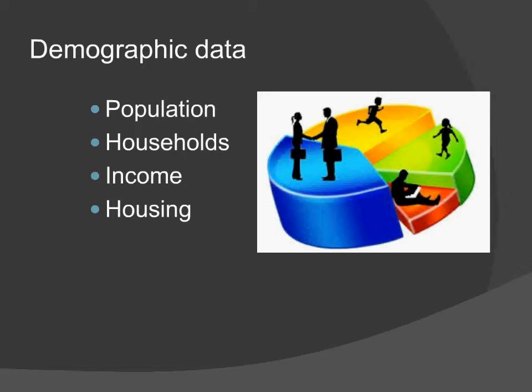Also, data about income, such as the household income, per capita income, age by income, disposable income, net worth, and things like that. Housing data that can be provided are things like home value, owner-occupied units, renter-occupied units, and vacant units. All of these fall under the umbrella of demographic data.